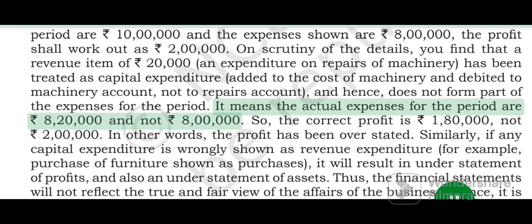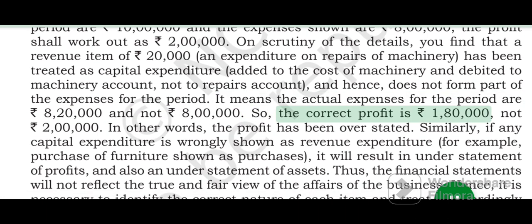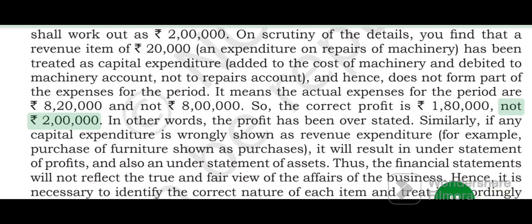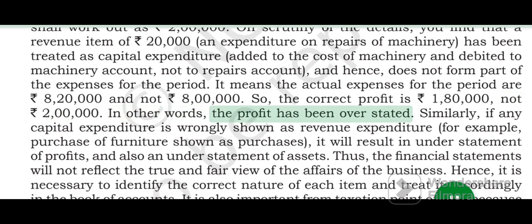It means the actual expenses for the period are $820,000 and not $800,000. So, the correct profit is $180,000, not $200,000. In other words, the profit has been overstated.